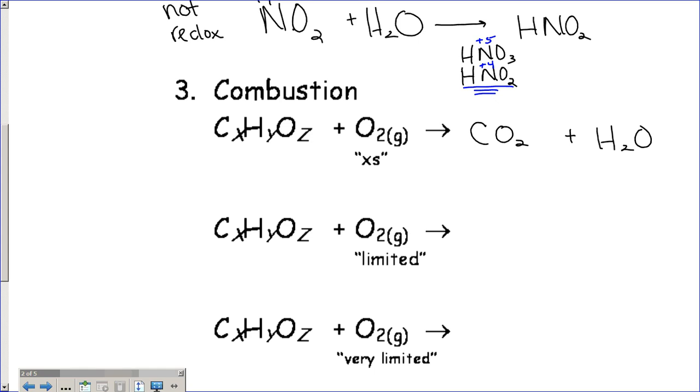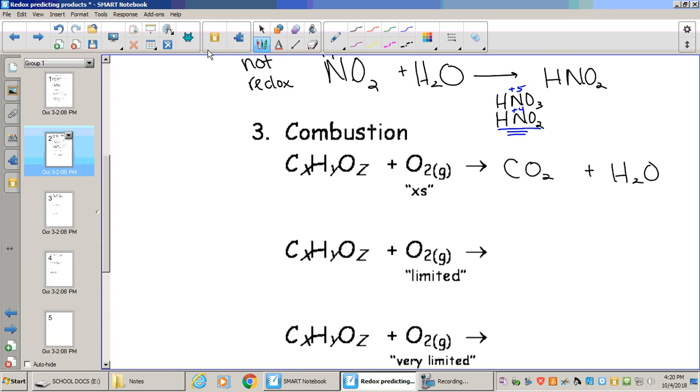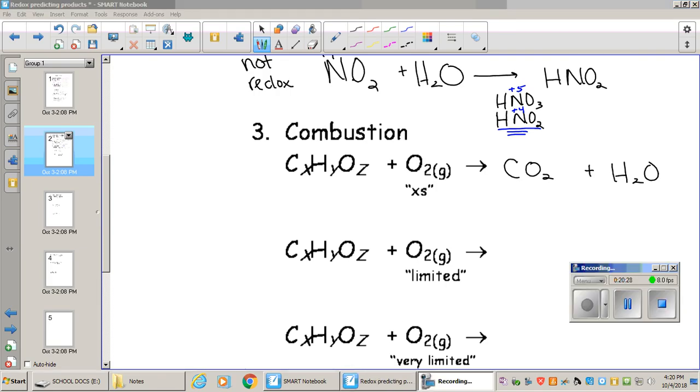This year I want you to know the truth of what happens when a compound is not completely oxidized by the oxygen.